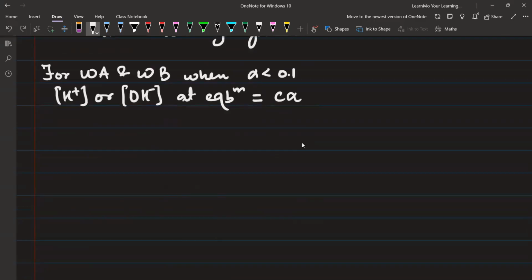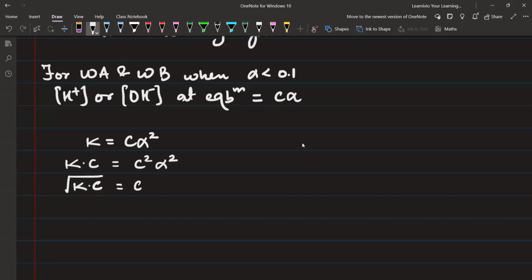C alpha. Now we know that K is equal to C alpha square when alpha is ignored. If I multiply C on both sides, I will get K into C is equal to C square into alpha square. Make sense? Yes, sir. I multiplied C. Now if I root it, then root of K into C will be equal to C into alpha.